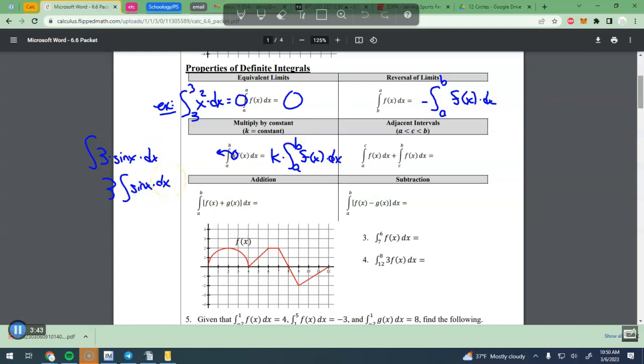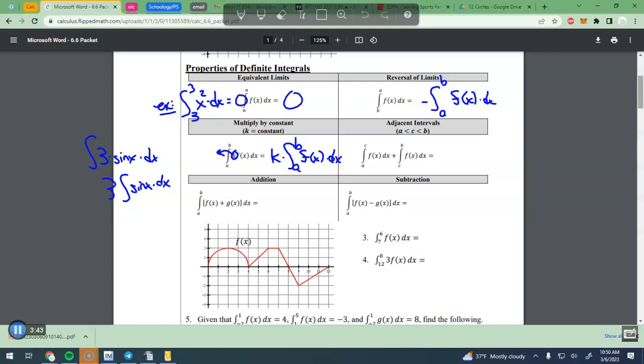We could do that in derivatives too, if you remember. You can factor out a constant, do the rest of it on the inside, and then multiply by the constant. Again, this looks way harder than it is right now. It looks confusing. It's not.